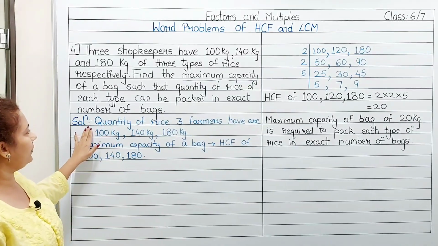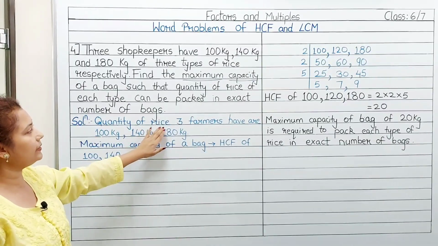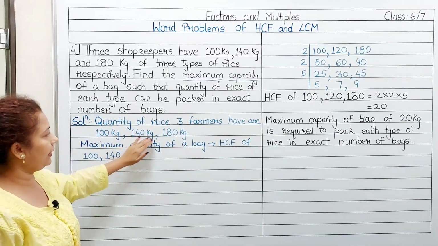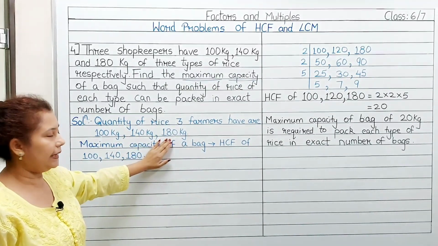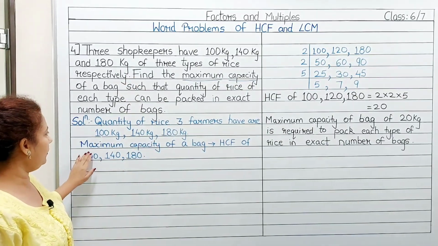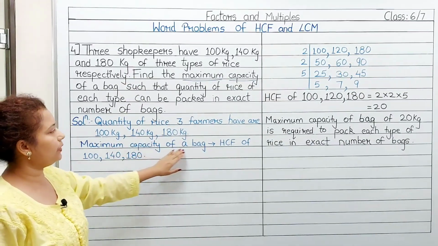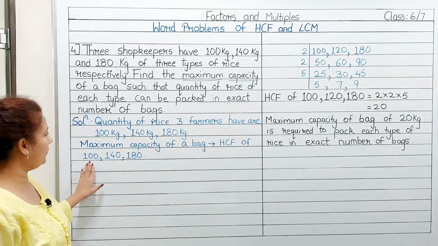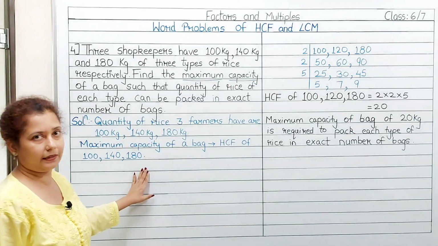So the first thing we will write is that the quantity of rice the three shopkeepers have are 100 kg, 140 kg and 180 kg, which is given in the sum. Second thing we will write: maximum capacity of the bag will be equal to HCF of 100, 140 and 180.